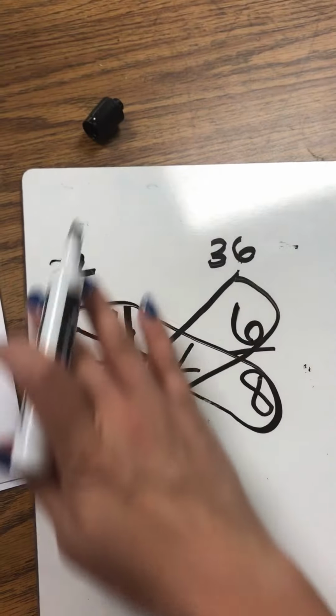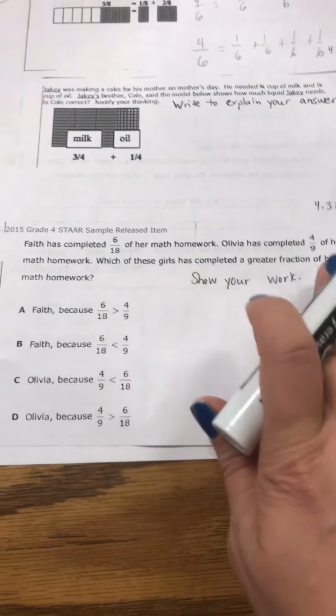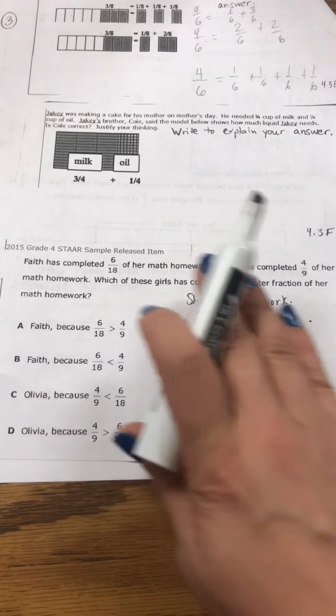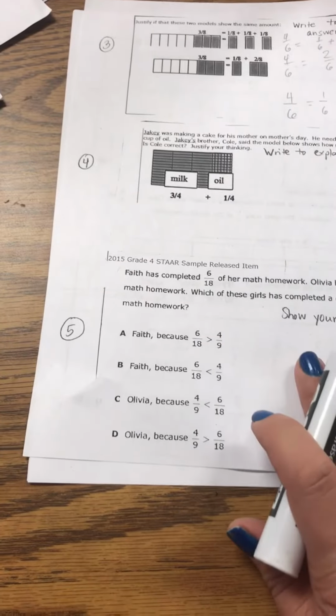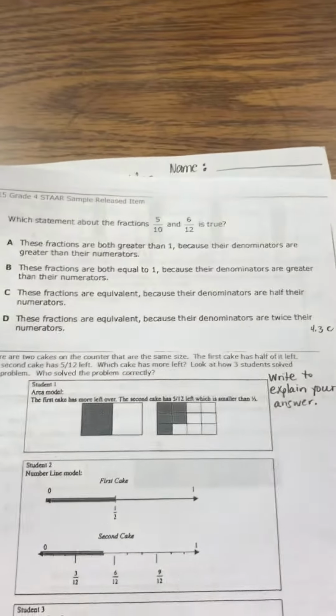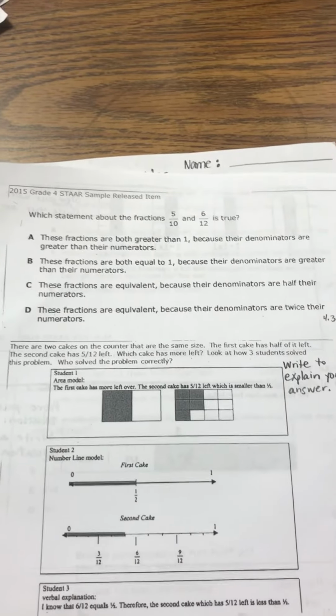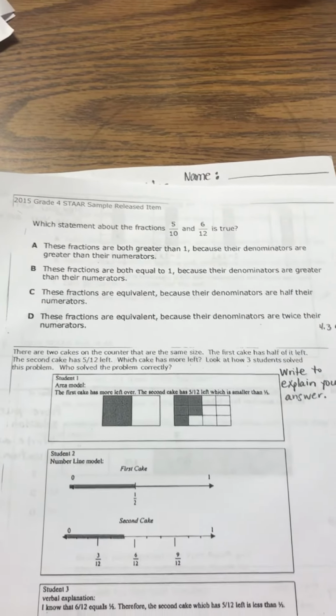So you're going to have to be able to compare these two fractions to decide who had completed a greater amount of their homework. So that's number 5. On number 6, we have to use our knowledge about equivalent fractions.